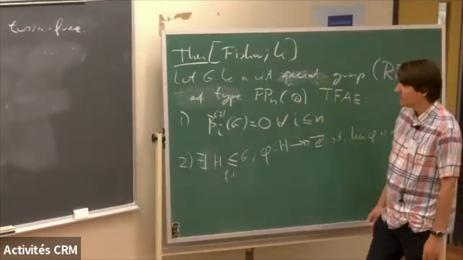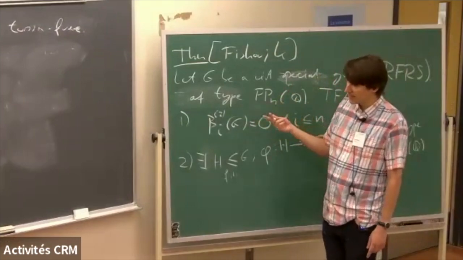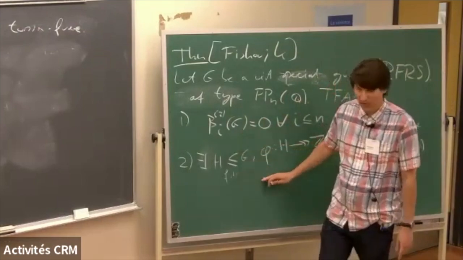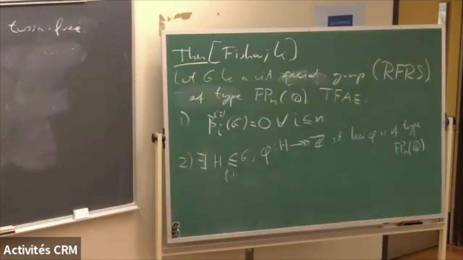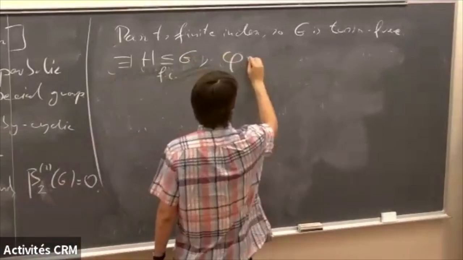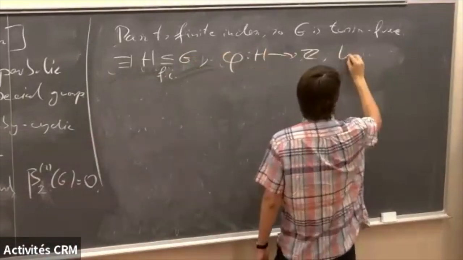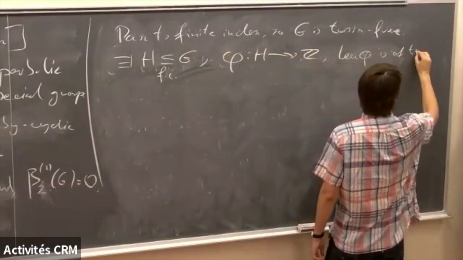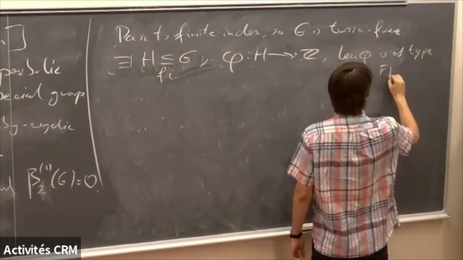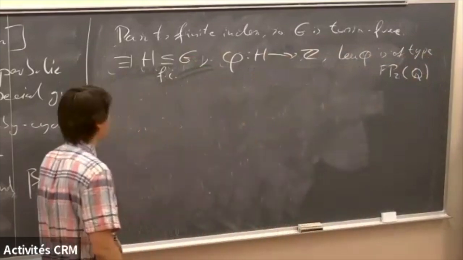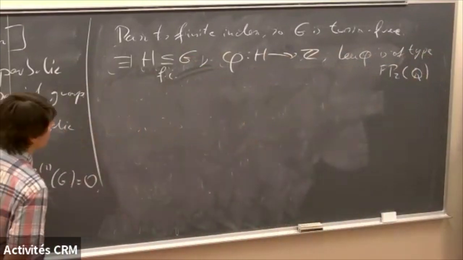I have the first and second L2 Betti numbers being 0. So by the theorem, there exists a finite index subgroup H in G and a morphism to Z such that the kernel of the morphism is of type FP2 over Q.